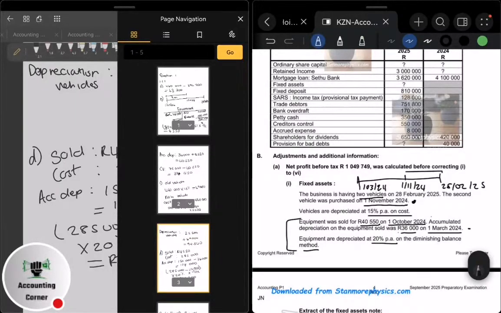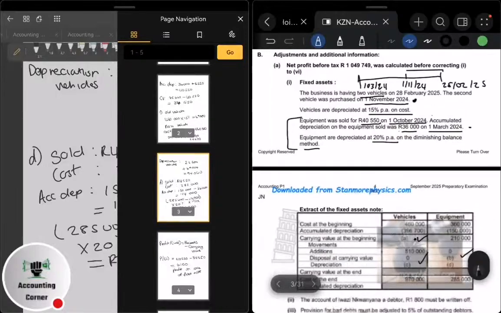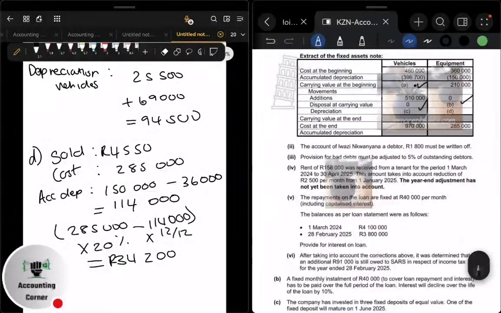And then what was it for equipment? Let me just check again. Wait, I didn't add it up.